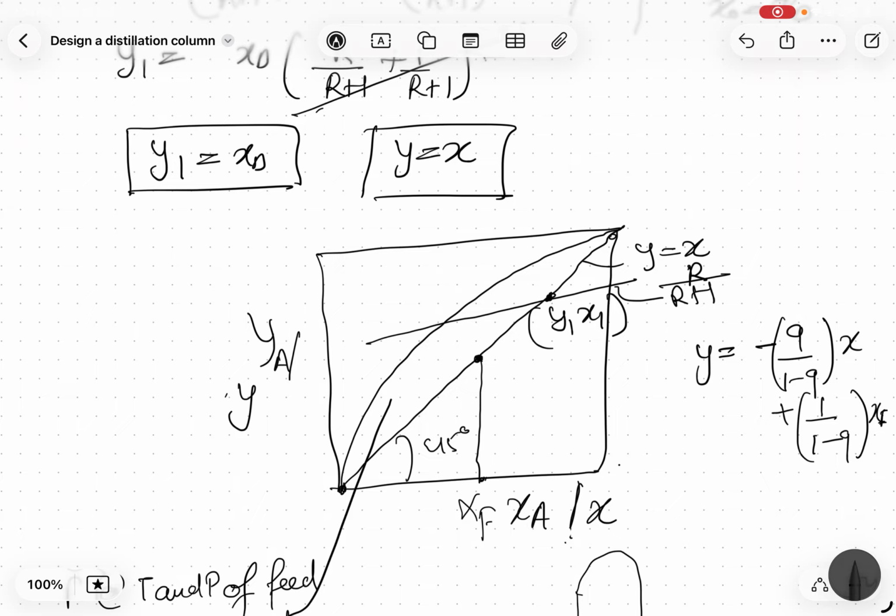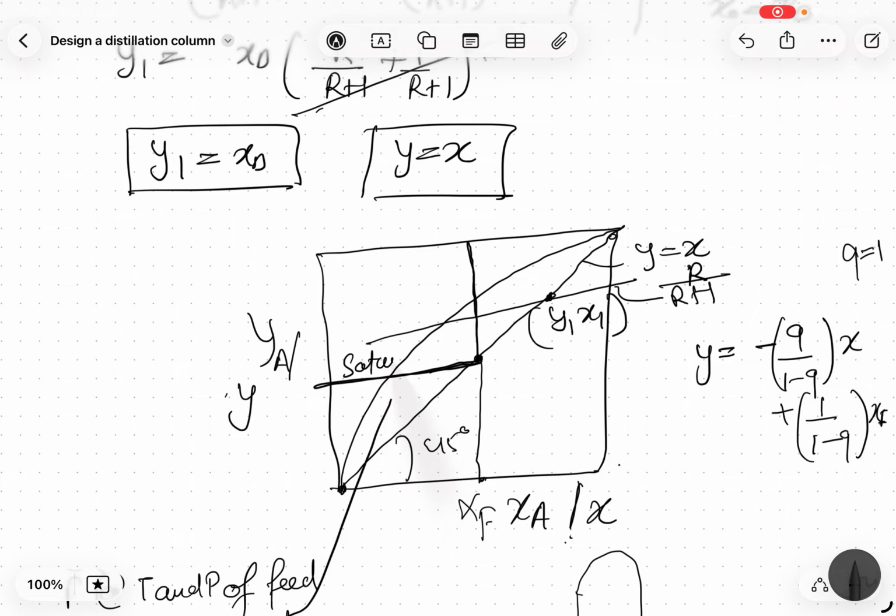So now what will happen, if you have a saturated liquid where Q equals 1, you can see the line will have an infinite slope and the line will look like this. And in case of saturated vapor, Q equals 0, in that scenario we will have a horizontal line.